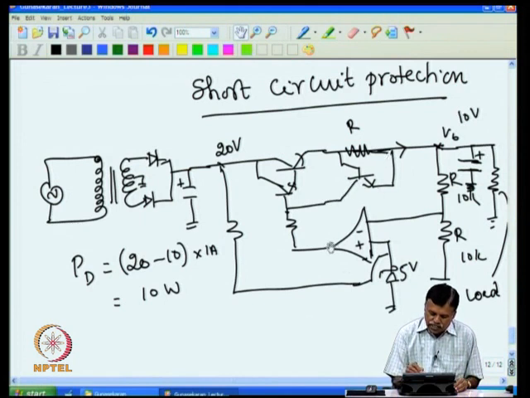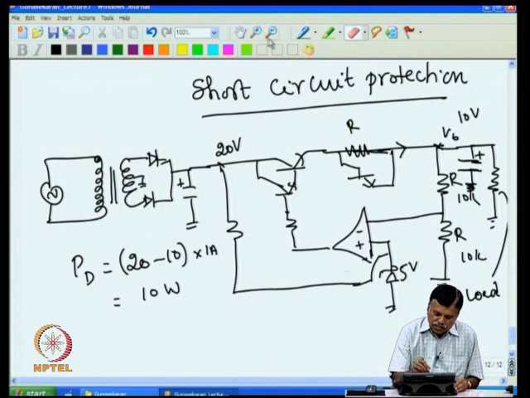That current essentially comes from here and through this, then it goes to this point. Suppose it is grounded, then the current actually goes through this. Now ordinarily, if I don't connect this, if the short circuit protection is not there, then this current is only the base current, and the base current is negligible.